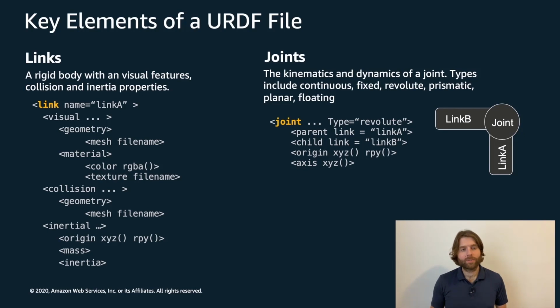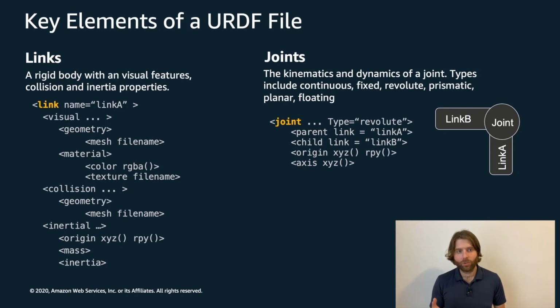So joints connect links together, and they can come in different types. One type of joint is a continuous joint, which is a hinge joint that rotates around the axis with no upper or lower limits. This type of joint would be well suited for something like a wheel.